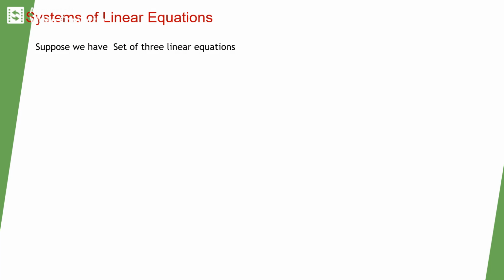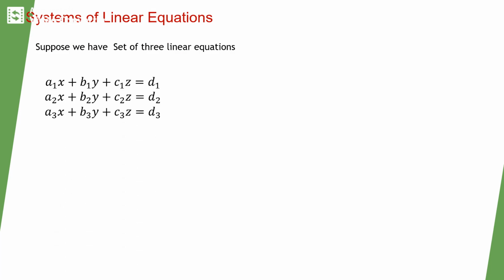Suppose we have a set of three linear equations: a1x plus b1y plus c1z is equal to d1, a2x plus b2y plus c2z is equal to d2, and a3x plus b3y plus c3z is equal to d3.